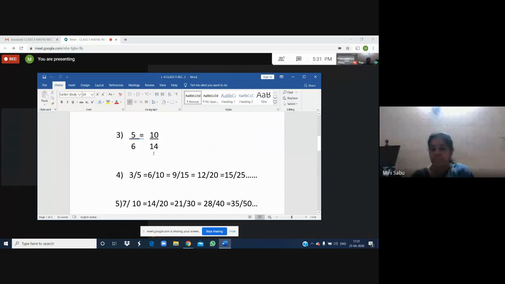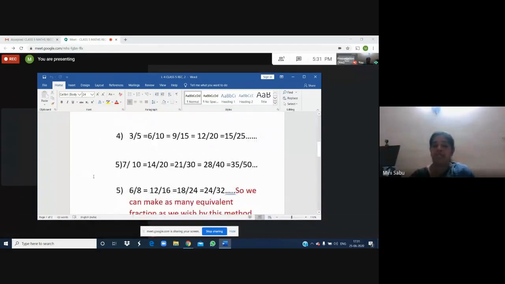And 3 multiplied by 5 is 15, 5 multiplied by the same number 5 is 25. And this dash tells you that you can make as many equivalent fractions as you need by the multiplication method. Now children, this is another one. You check whether the pattern is correct or not.